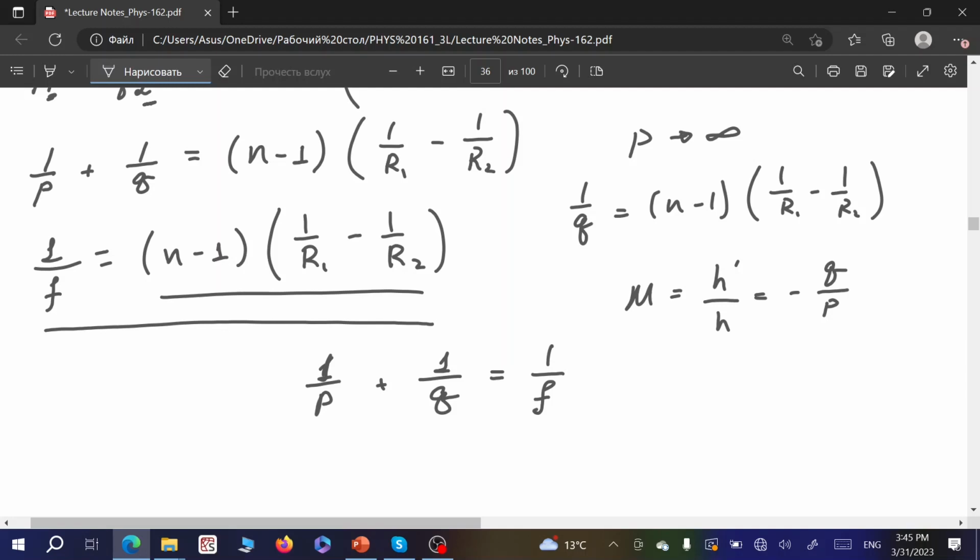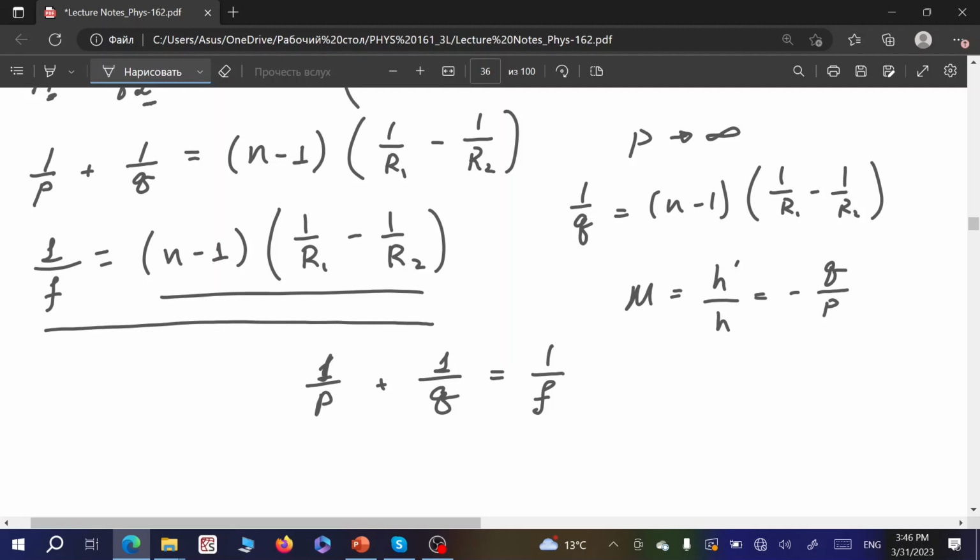Why do we assume that p becomes 0? Because 1 over p becomes 0. But in the general equation, we don't write that. That's the reason why it's general, because then p may possess any value. You may go from infinity to actually 0.